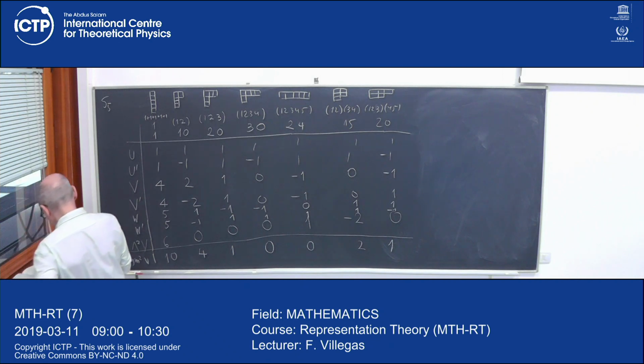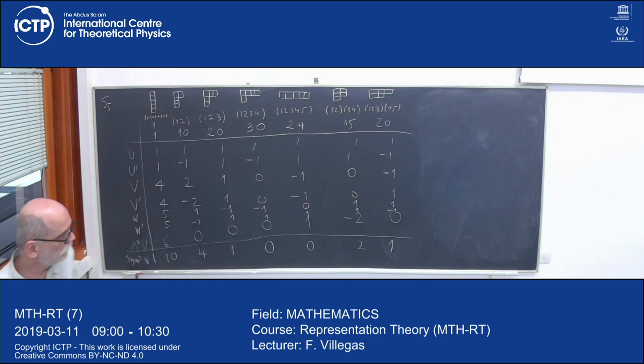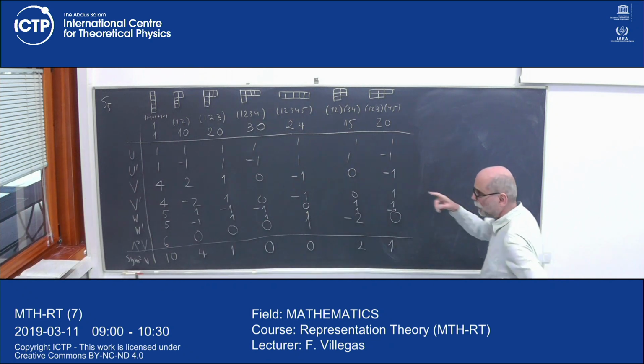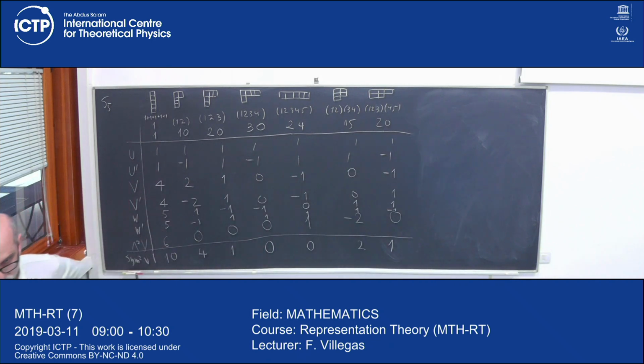Okay. Now, maybe something to point out is that so far, all the cases of groups that we've done, apart from the abelian groups, we did S3, S4, and S5, they all have character tables that have integer values.